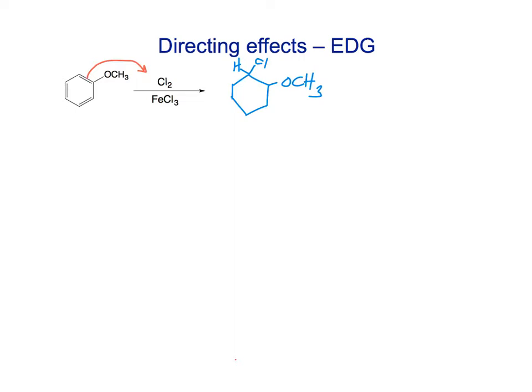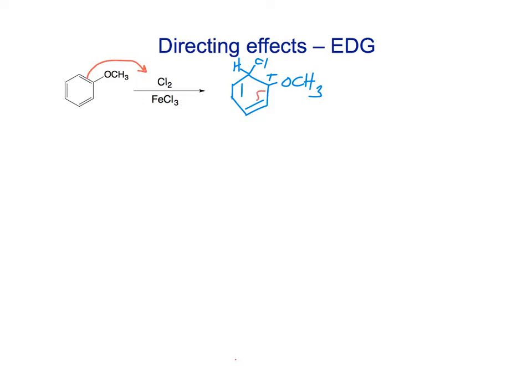Chlorine first reacts with iron chloride to make the electrophile. So if we did that, then we'd end up with a plus here, and a double bond here, and a double bond here. Okay? So remember, each of these intermediates is stabilized by resonance, right?